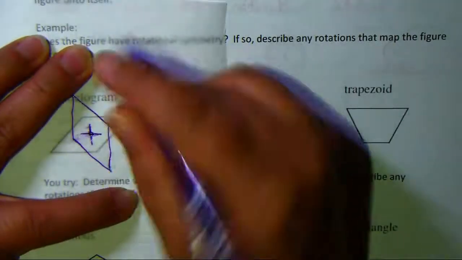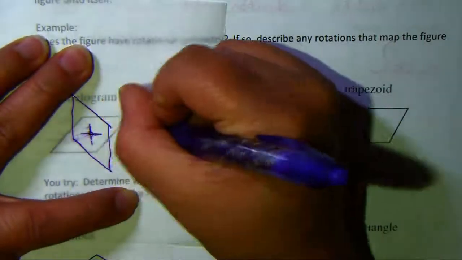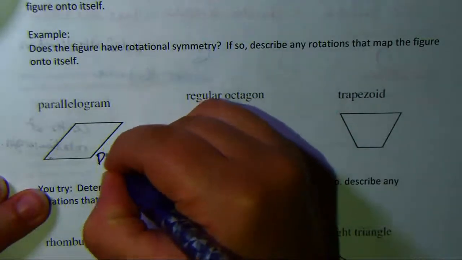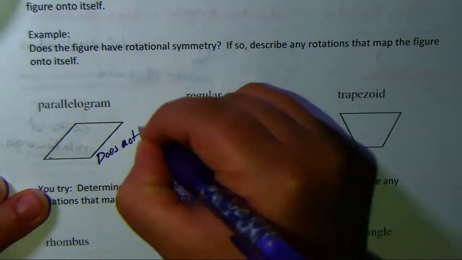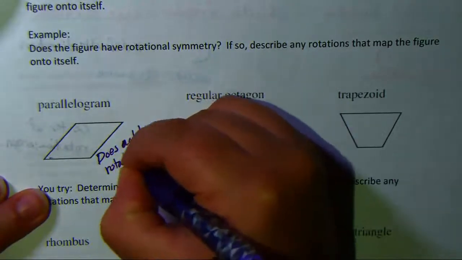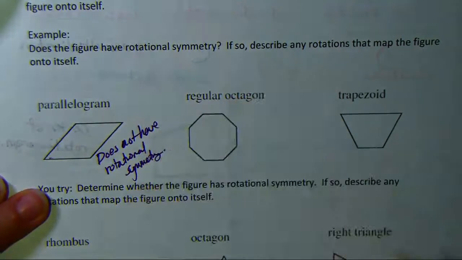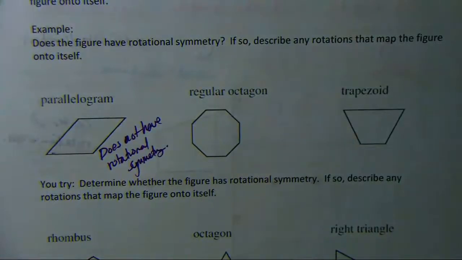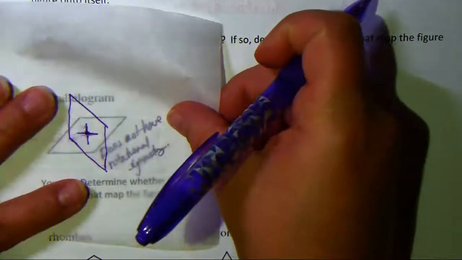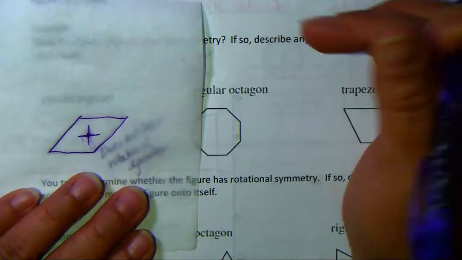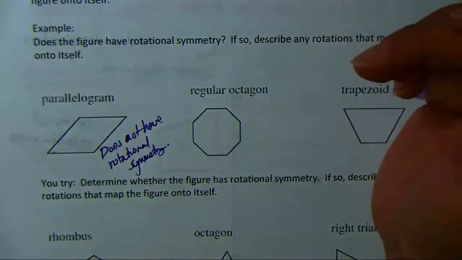No. So this parallelogram does not have rotational symmetry. But then if I rotated it another 90 degrees, then it has a partial rotational symmetry, but it doesn't have rotational symmetry in general.